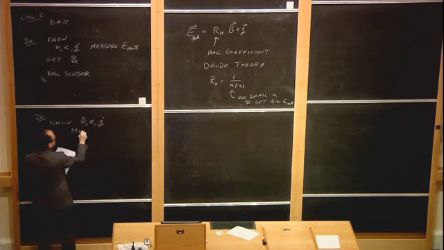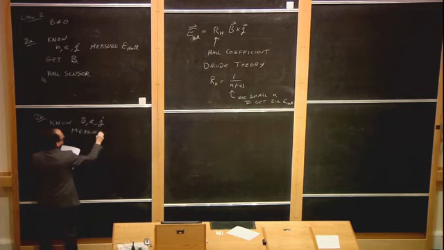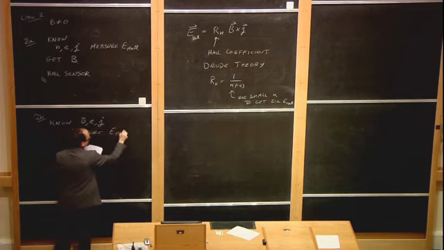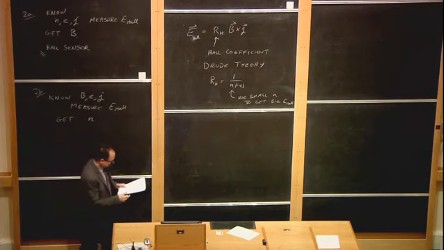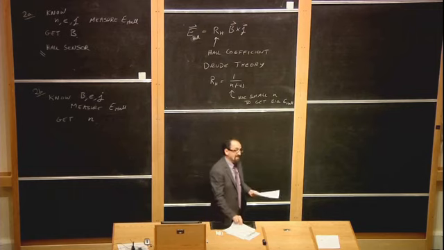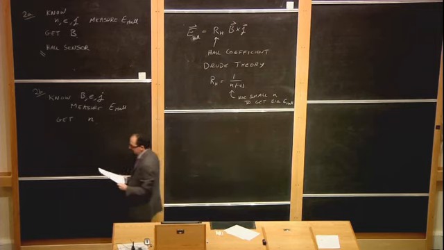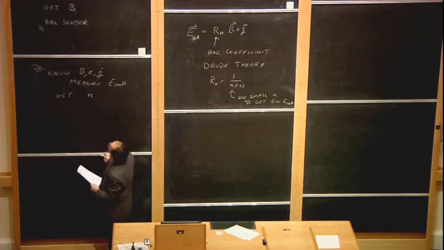Measure E Hall, and what you get is the density of electrons in your sample, because of course he didn't know the density of electrons in his materials.